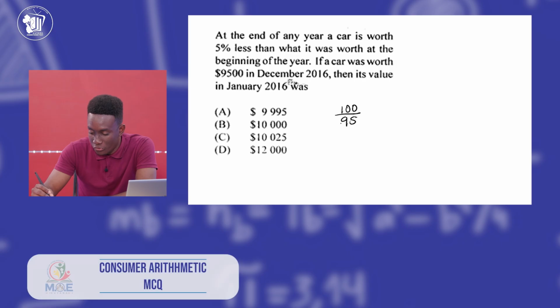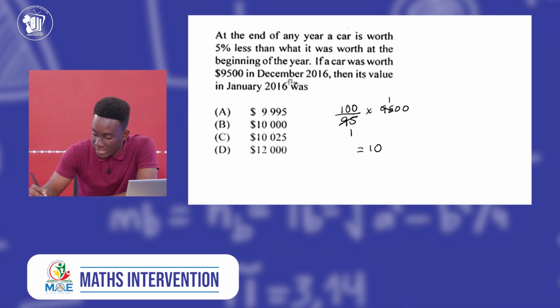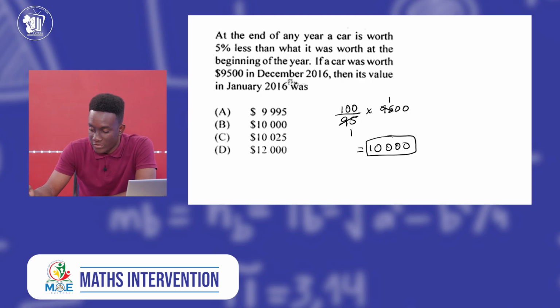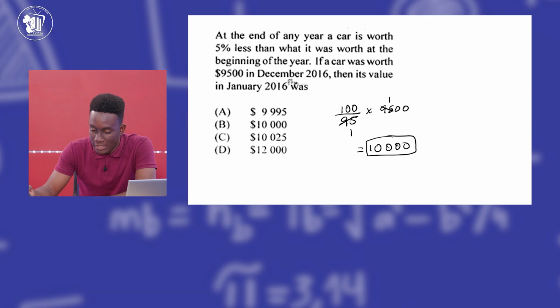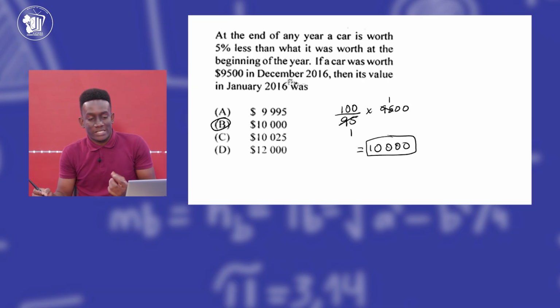So we can say 100 over 95 multiplied by 9,500, and this will give us the cost of the car before it depreciated. 95 ones, 95 into this would be 100. So 100 times 100 would give me $10,000, and that would be the cost of the car at the beginning of the year. We can also do trial and error with these kind of questions.